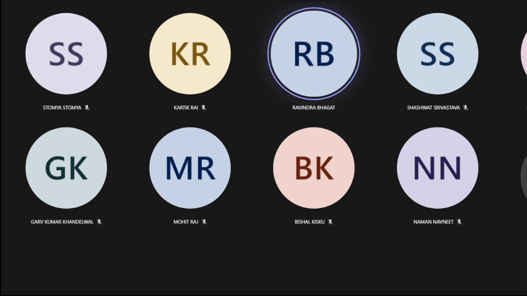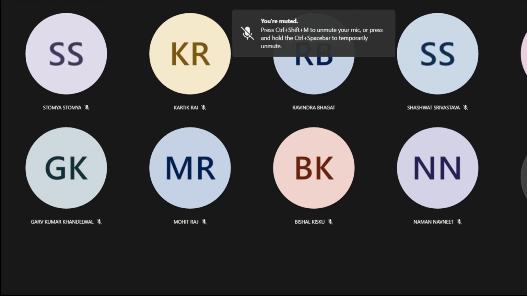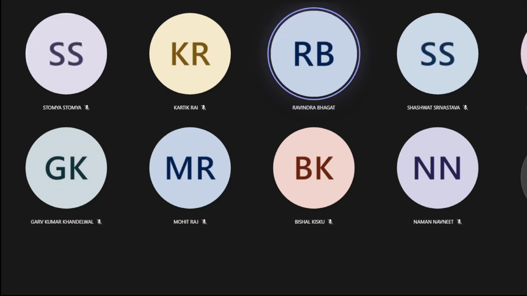And the third one, as per Article 78, if the President so requires, is to submit for consideration of the Council of Ministers any matter on which a decision has been taken by a minister but which has not been considered by the Council.